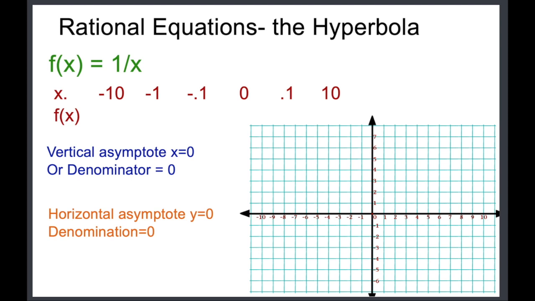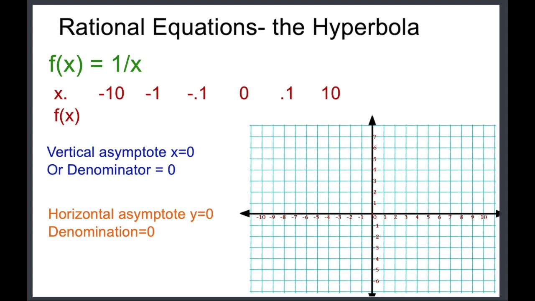The first and the simplest rational equation is called a parent function, and that is f of x equals 1 over x. Let's start by using a table of values.